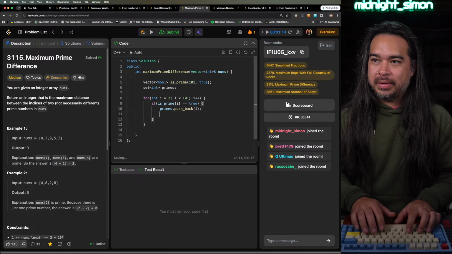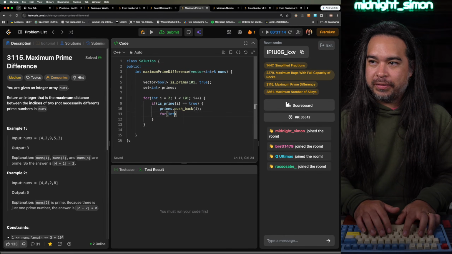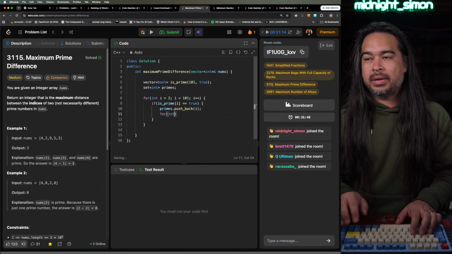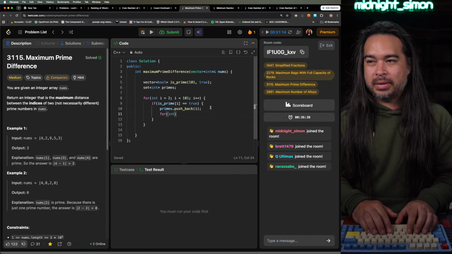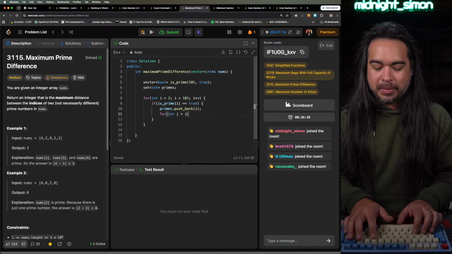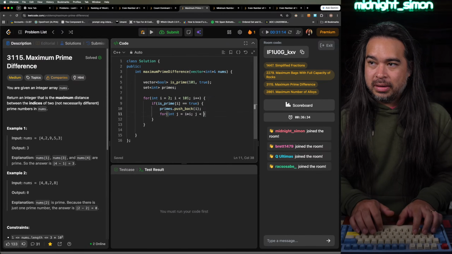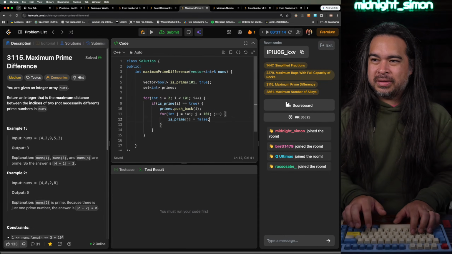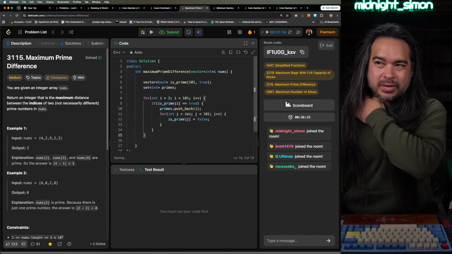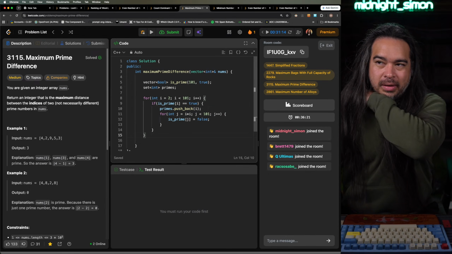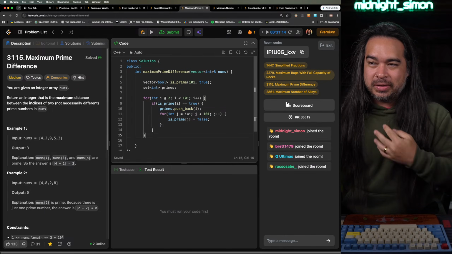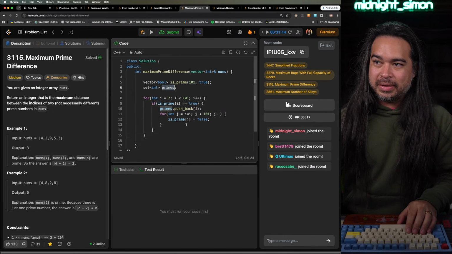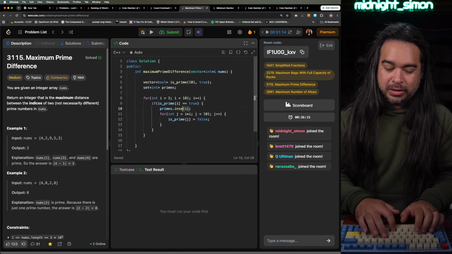And then I'm going to go from j equal i times i, and then mark everything j as false. Is that how the sieve works? I think so, man. And then now I have my set of primes. I guess it should be insert.